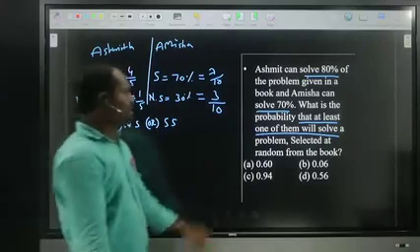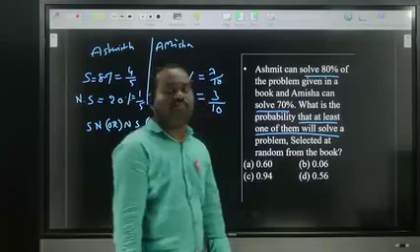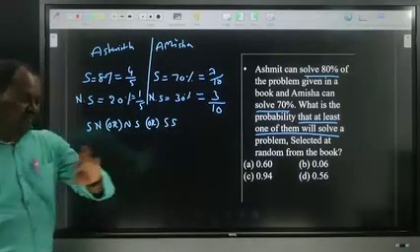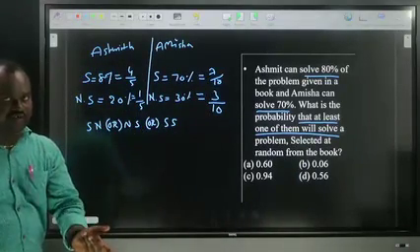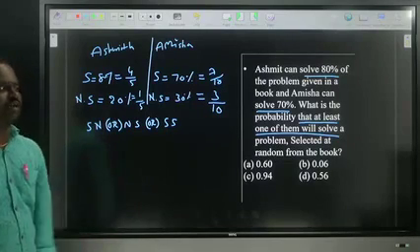What is the question? At least one of them: the first person can solve, or the second person can solve, or both can solve.